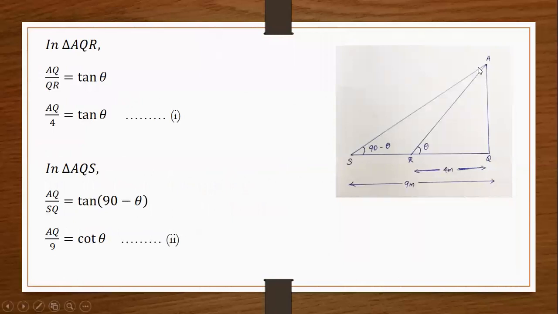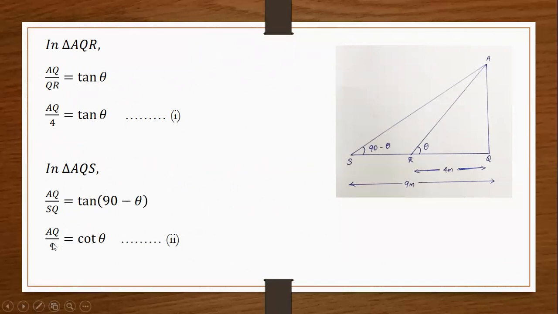Now in triangle AQR, AQ by QR is tan theta. So AQ we don't know, QR we substitute 4. That would be our first equation. Now in triangle AQS, AQ by SQ is tan of 90 minus theta. Now we know from complementary angles that tan of 90 minus theta is cot theta.